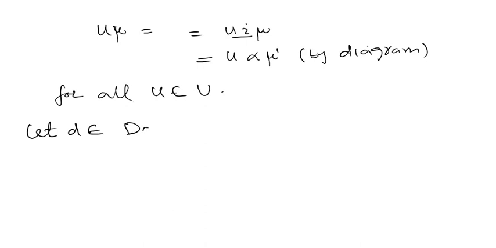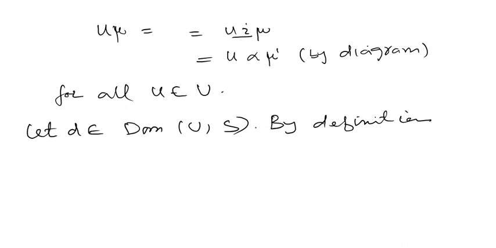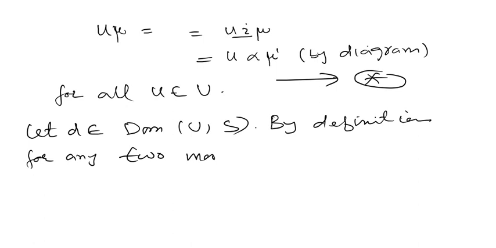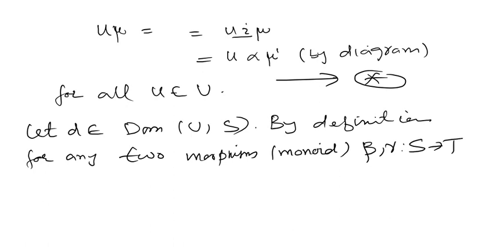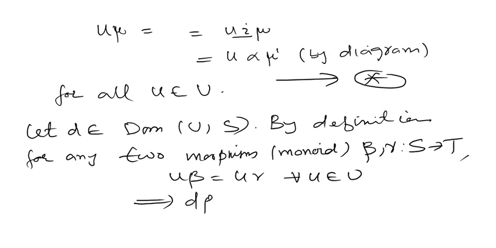Let d belong to the dominion of U in S. By definition, for any two morphisms, obviously they are monoid morphisms, beta, gamma from S to T, where T is any semigroup, any two semigroup morphisms, we have this: U beta equal to U gamma for all U in U implies d beta is equal to d gamma.